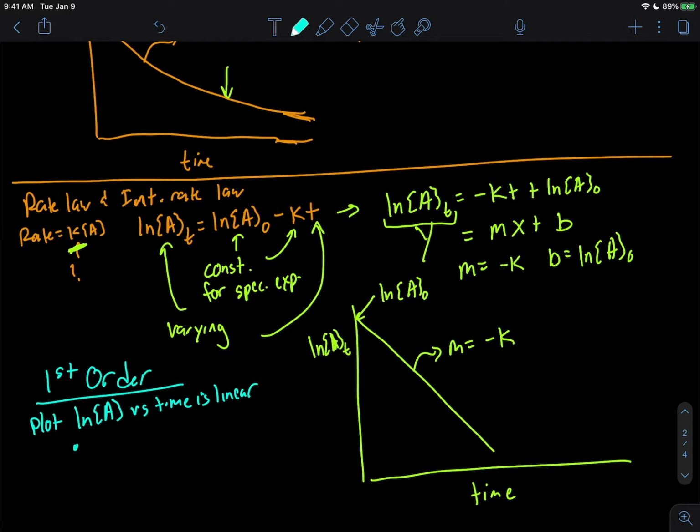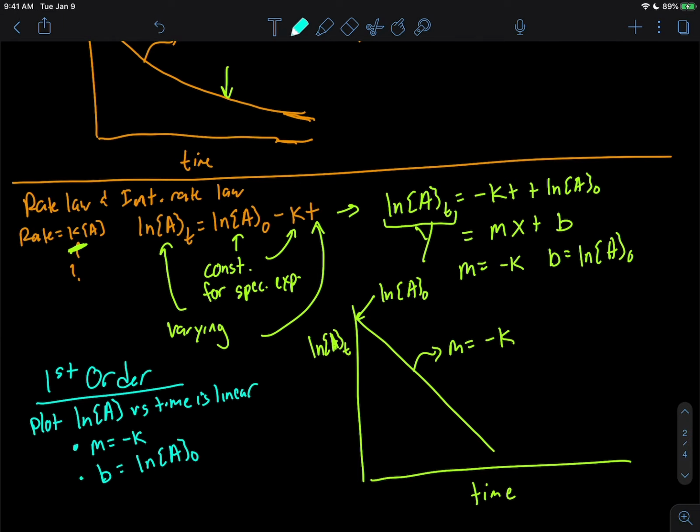And when we do that, our slope is equal to the opposite of our k value, and our y-intercept is equal to the natural log of our original concentration. So again, we're just choosing to change what our y-axis is that we're graphing, and we are able to extract some useful information there.